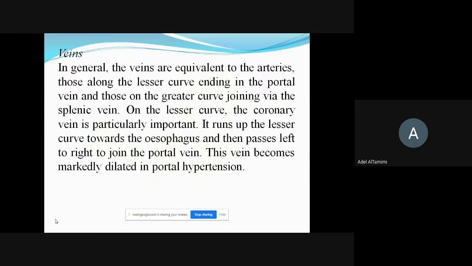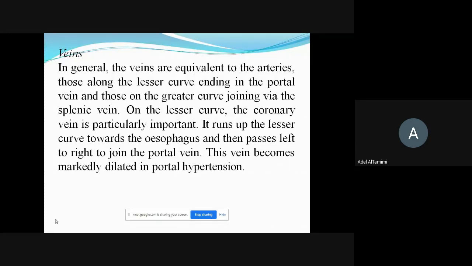The veins are equivalent to the arteries, and I mean each artery has accompanying veins which drain all of the venous drainage of the stomach toward the portal venous system. On the lesser curve, the coronary vein is particularly important.